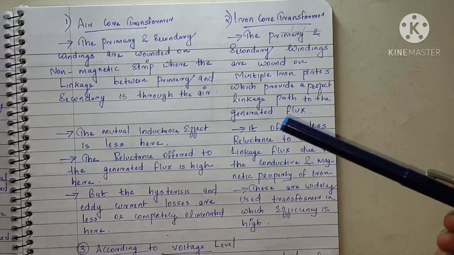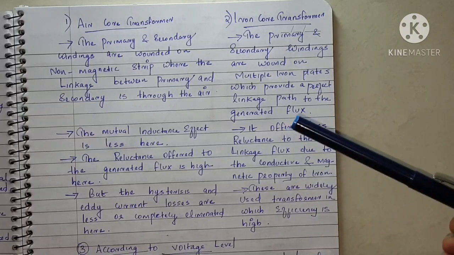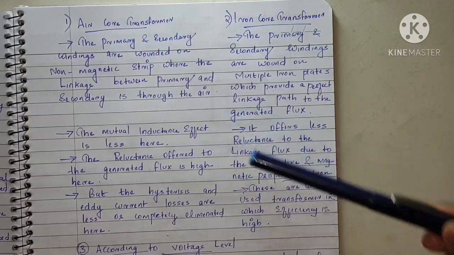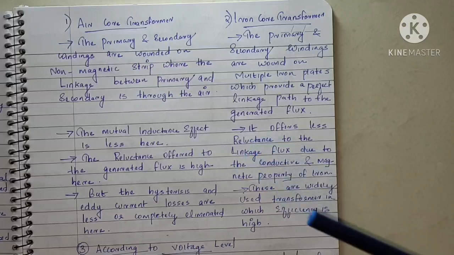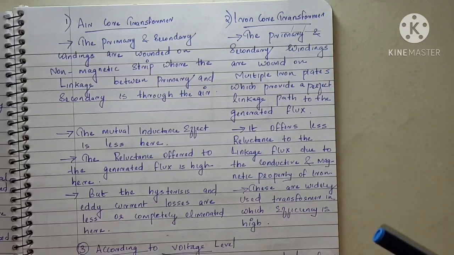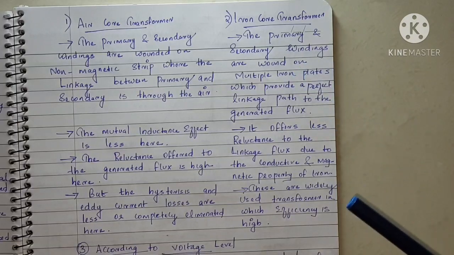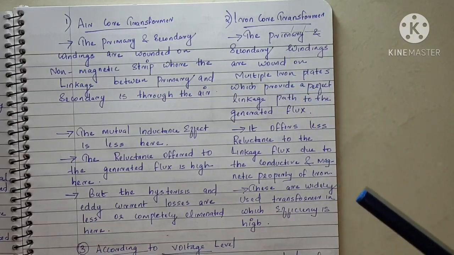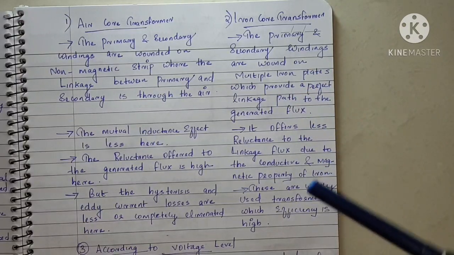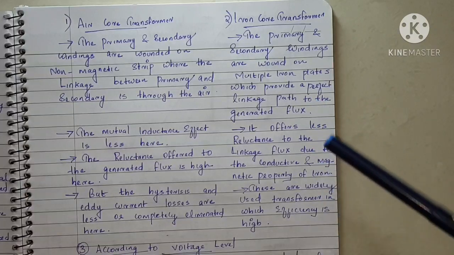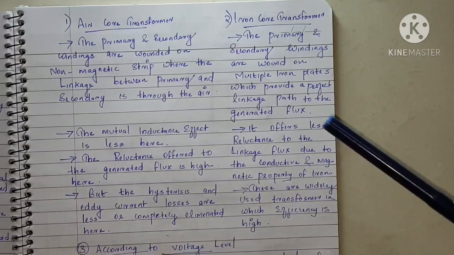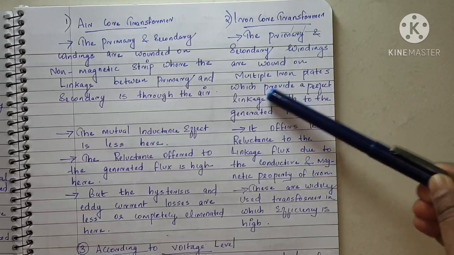That is, it is a non-magnetic material where the linkage between primary and secondary is through the air. Whereas in the iron core transformer, primary as well as secondary windings are wound on magnetic material, that is multiple iron plates, which provide a perfect linkage path to the generated flux. That is, flux will be linked from primary to secondary because of this magnetic material.